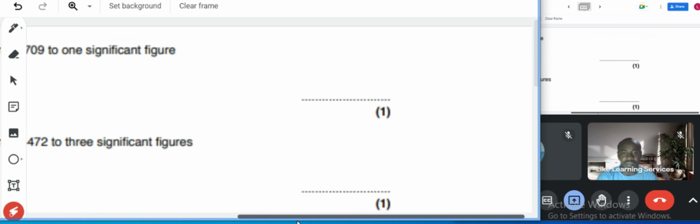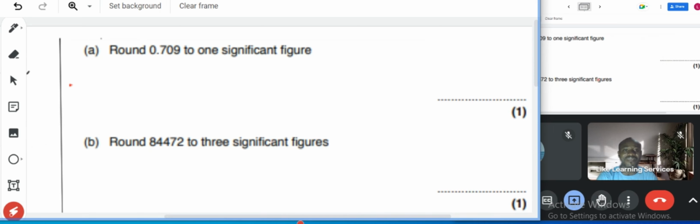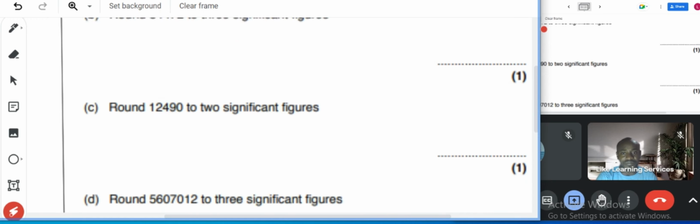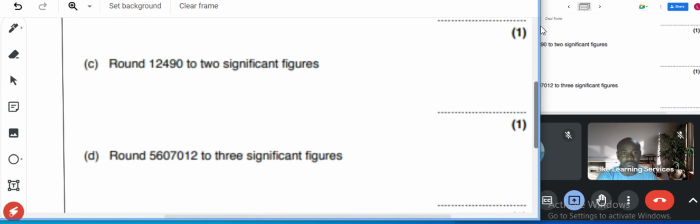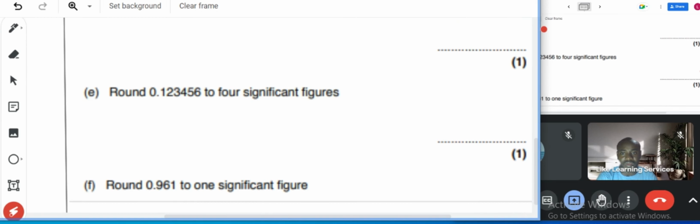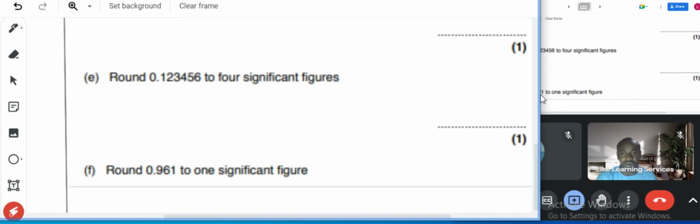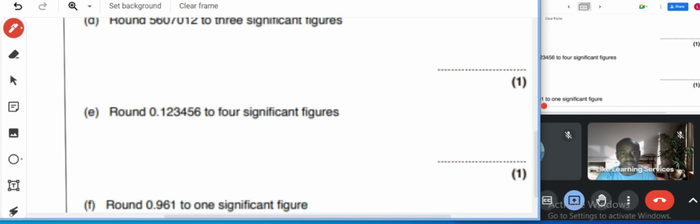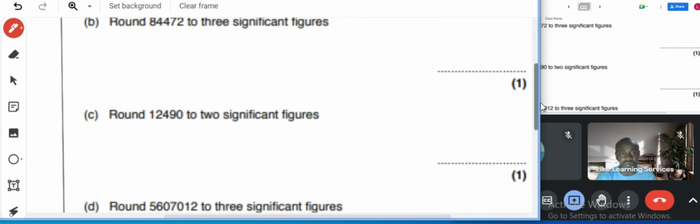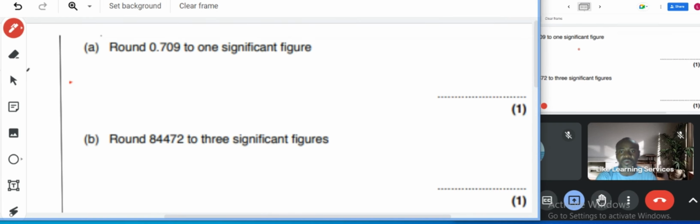Now, when you're talking about significant figures, you start counting from the very first digit. Let me see if I have some good examples here. I'll include one more example. Okay, let's do this one.